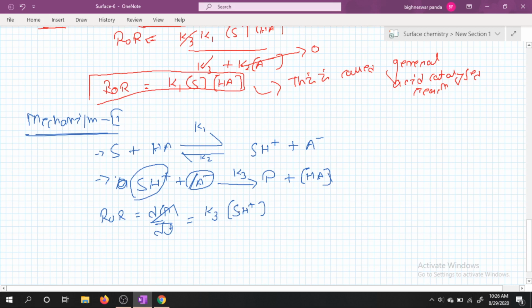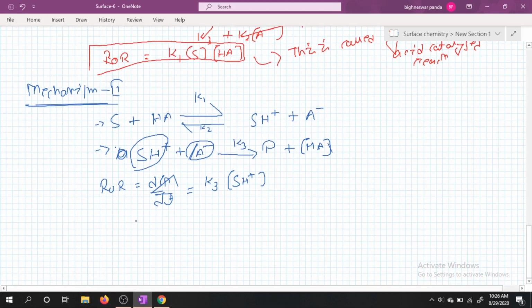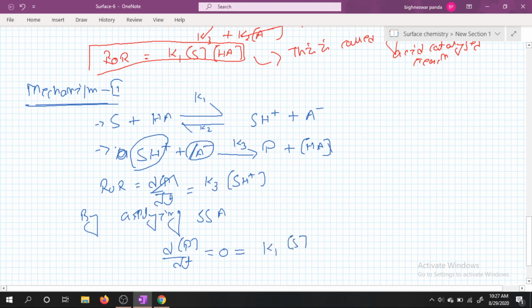So we have to calculate the concentration of SH plus, the same way, by applying the steady state approximation, d[SH plus] by dt equal to 0, and it will be equal to K1 S HA minus K2 SH plus A minus minus K3 SH plus A minus.